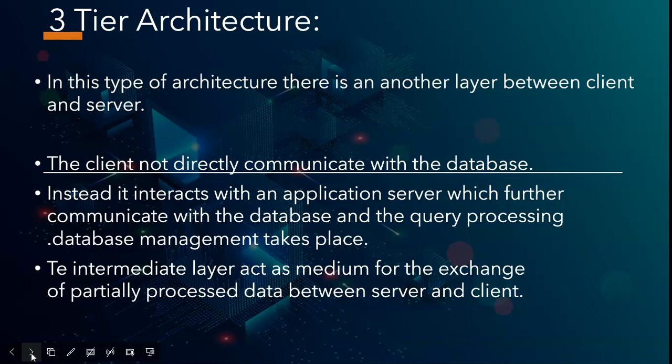Instead, it interacts with an application server which further communicates with the database, and the query processing and database management take place. So the intermediate layer acts as a medium for the exchange of partially processed data between server and client. This type of architecture is more appropriate for large web applications that run on the World Wide Web.